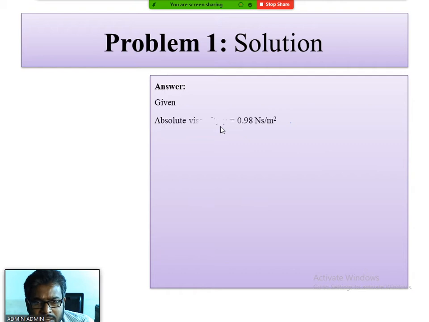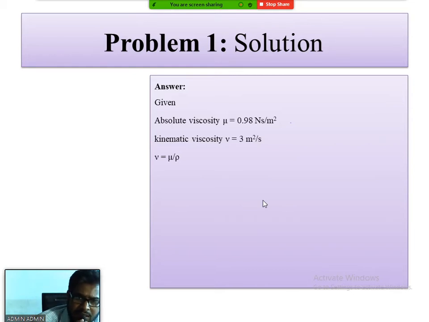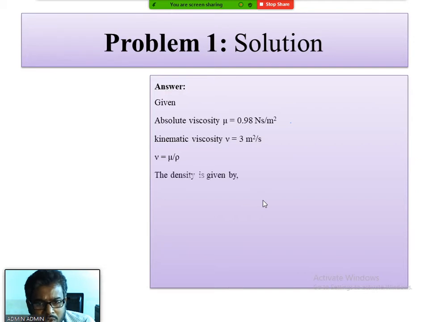We are given that absolute viscosity mu is 0.98 Newton second per meter square, and kinematic viscosity is 3 meter square per second. As we know the formula, kinematic viscosity is mu upon rho, so the density is given by rho equals mu upon kinematic viscosity.